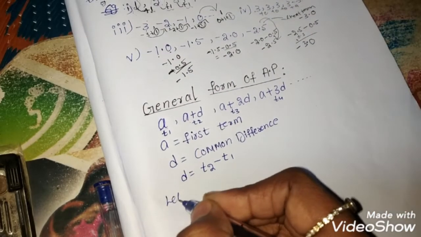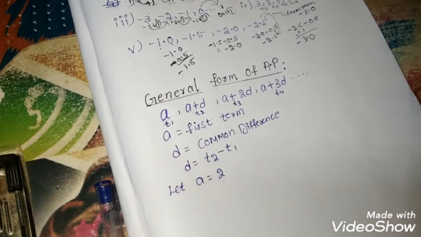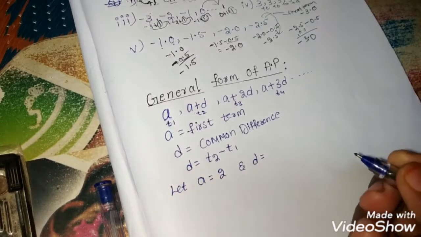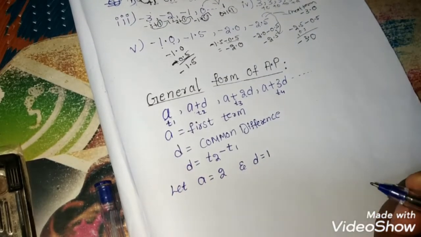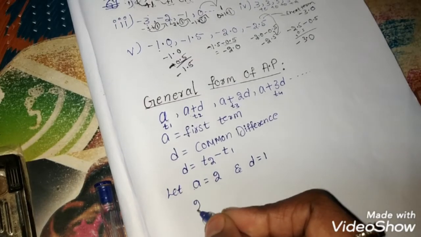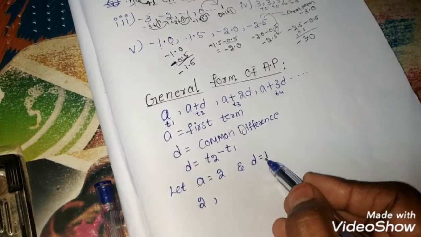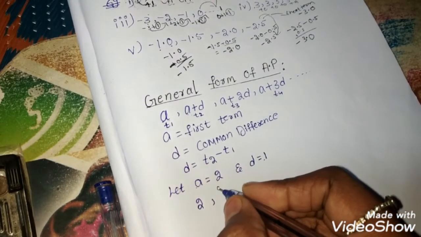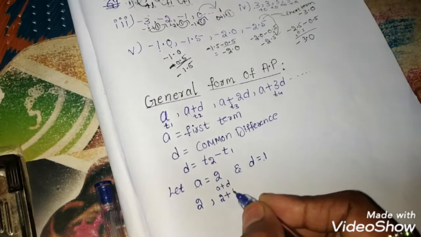Let's take an example. Let A is equal to 2, just for example, and the difference is 1. So what is the first term? We have 2 as the first term, so A is 2, and D is 1. The next term is T2, that is A plus D, so 2 plus 1.